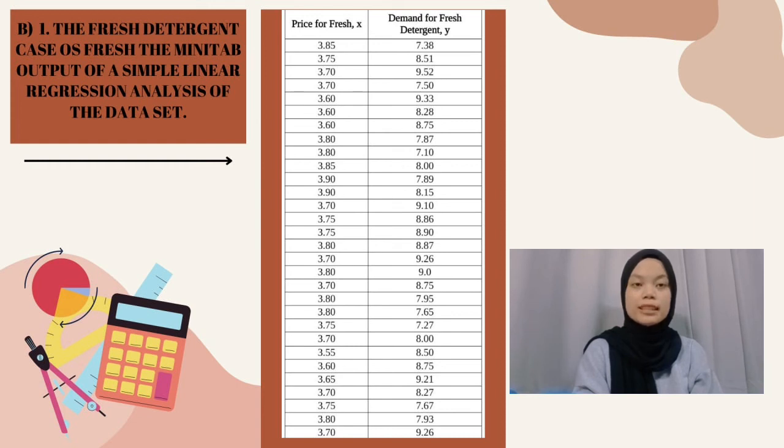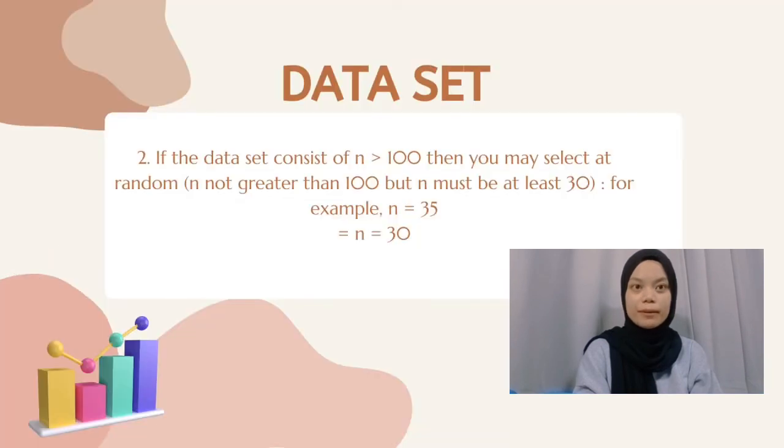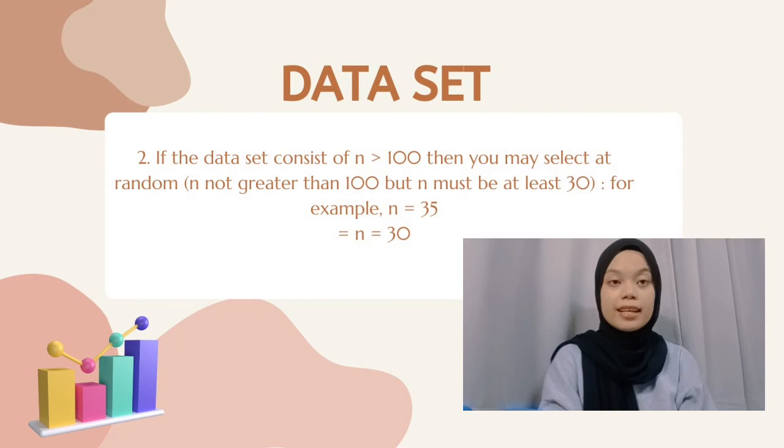The fourth is the same as the third, which is 3.70, while the Y is 7.50. The fifth is 3.60, while the Y is 9.33, and so on. The data set that we select has N equal to 30.